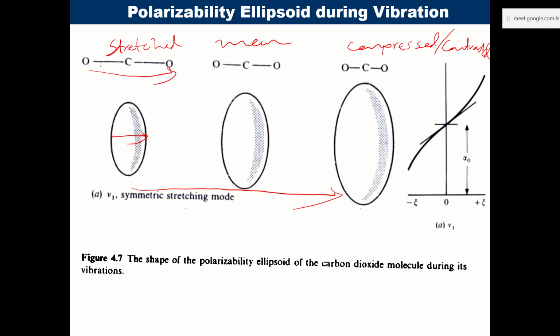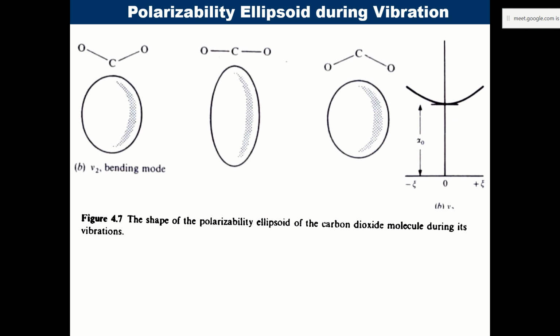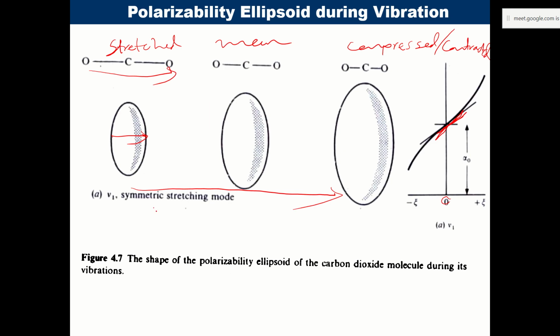So imagine you are following it with the change in coordinates, a graph like this will come. At the mean position, if you draw d alpha by dq, the slope is positive.